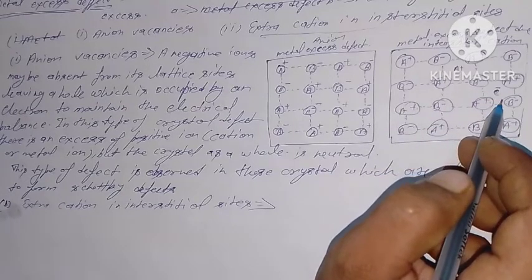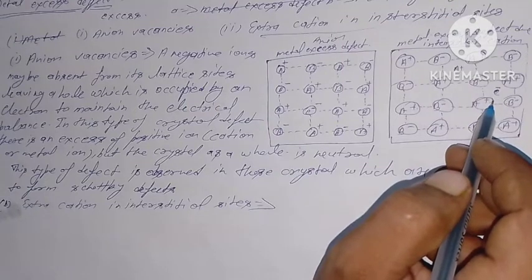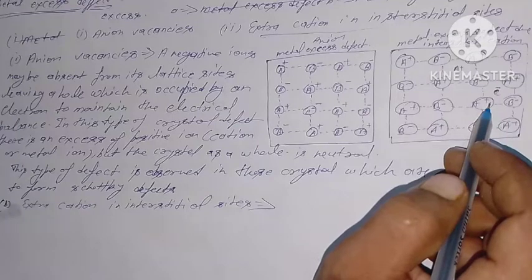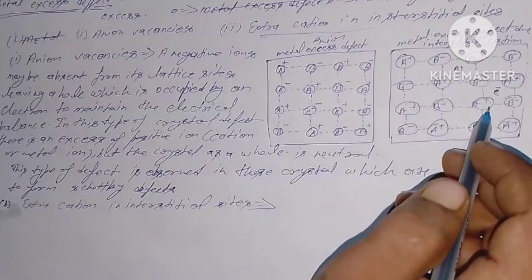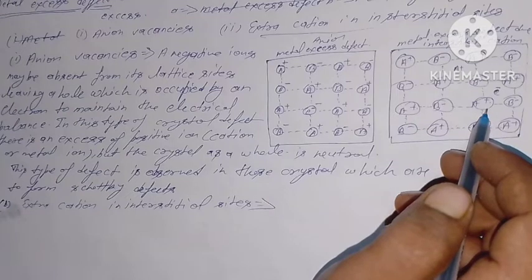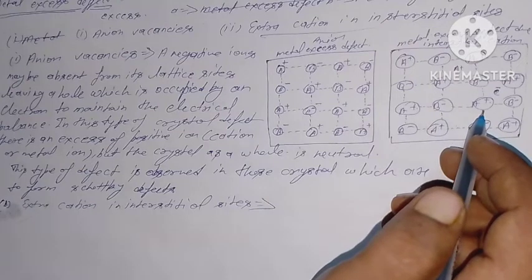This is shown in this figure, and this type of metal excess defect is somewhat similar to Frenkel defect, but here there is no hole and there are interstitial electrons. This type of defect is more common than anion vacancies. It is found in crystals which show Frenkel defect.